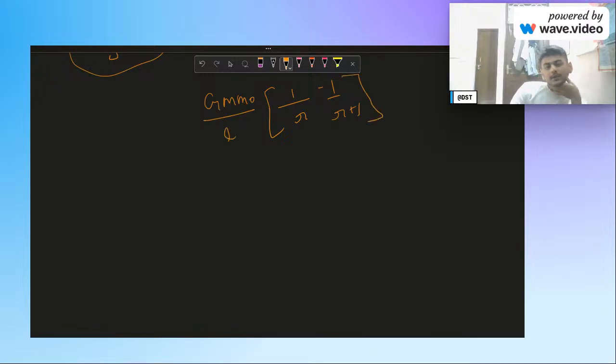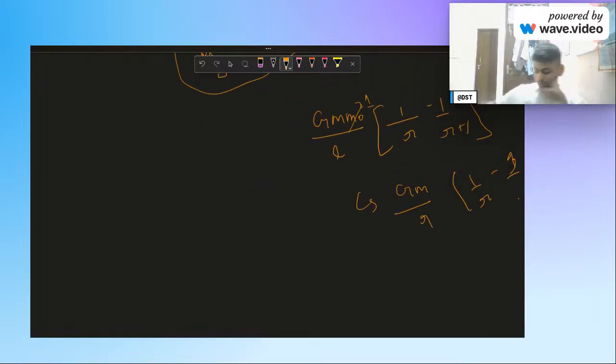Now, if we put m naught equal to 1, we get the formula of the field: G m by L into 1 by r minus 1 by r plus L. This is the formula of the field.